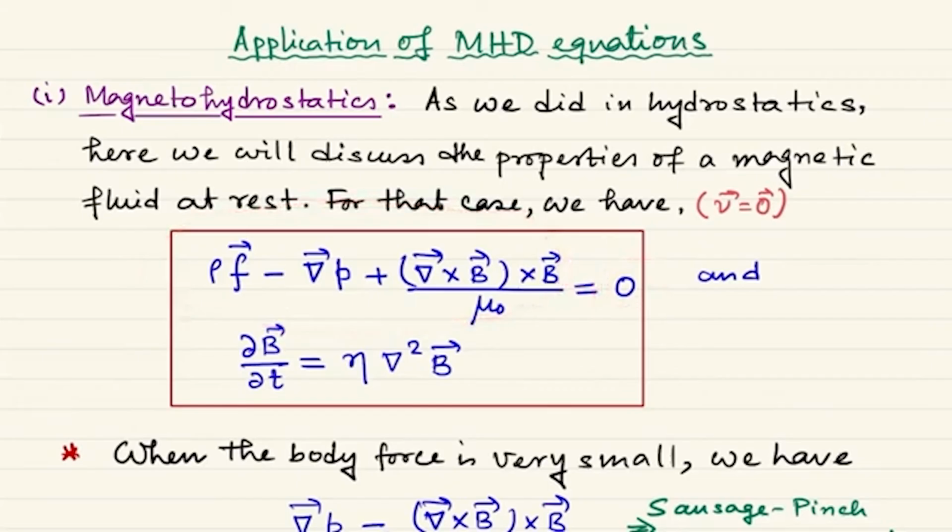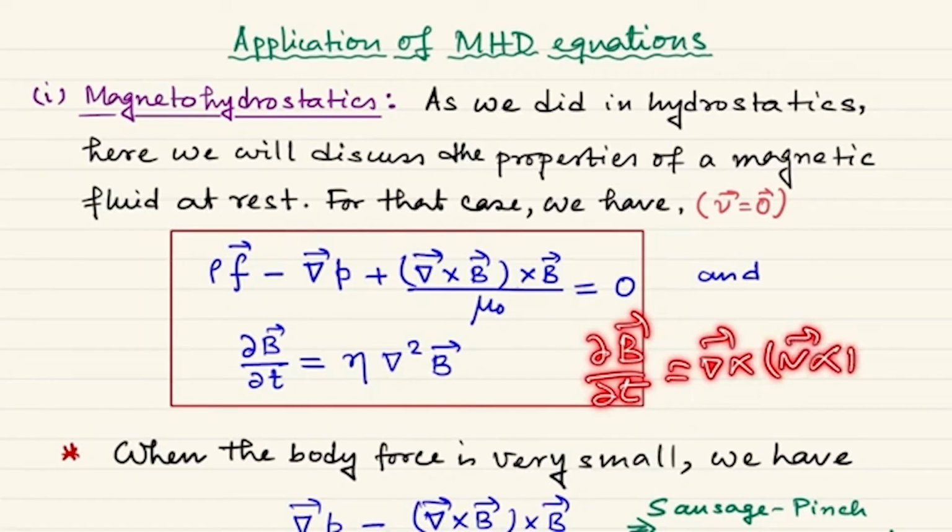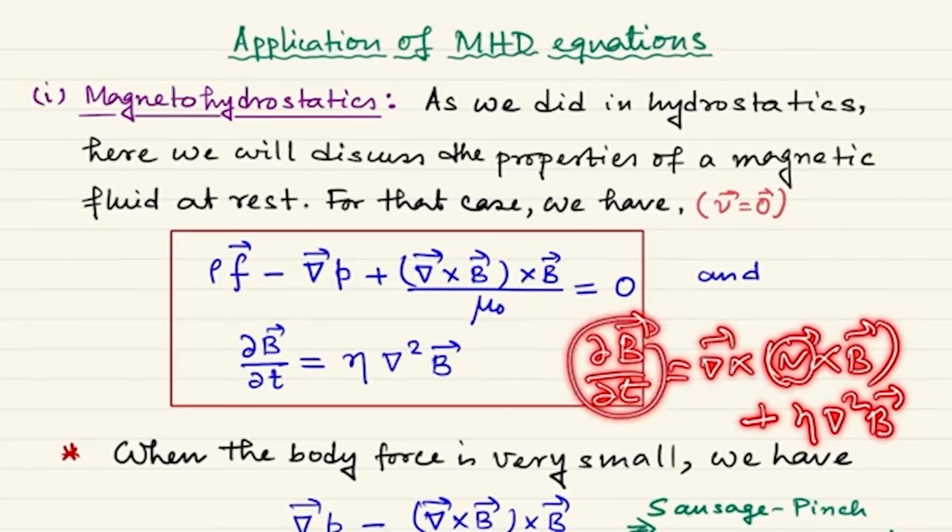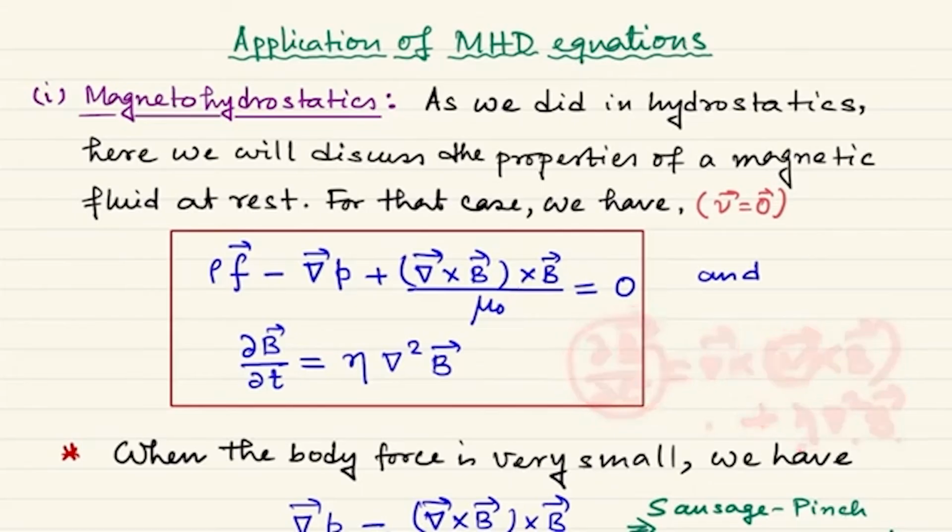And for the magnetic field evolution equation, we in general have del B del t equal to curl of v cross B plus eta times nabla square B. So here when v is equal to 0, simply we have del B del t equal to eta nabla square B, which is nothing but a simple diffusion equation. When the fluid is at rest, the magnetic field would simply diffuse.